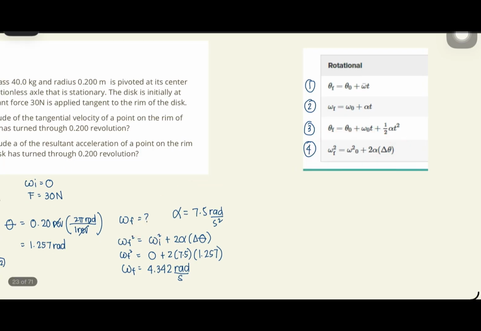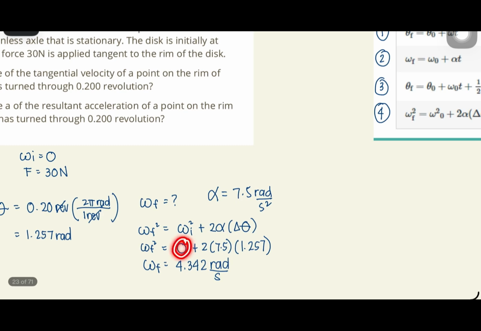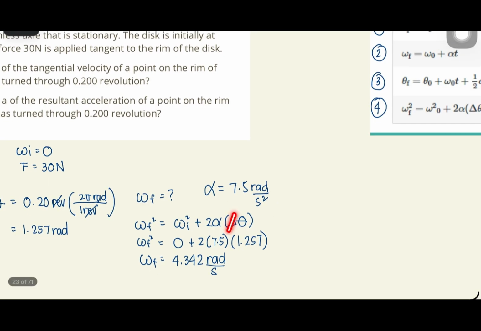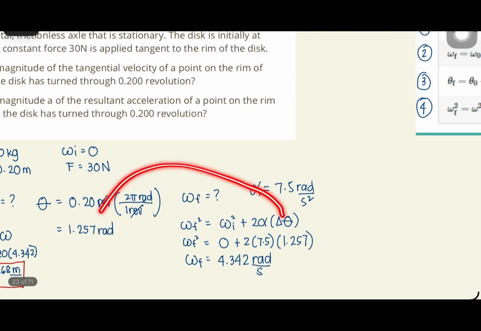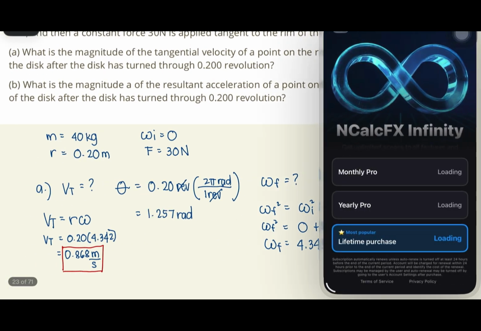So, yung angular speed initial is 0 kasi nag-start siya from rest. Plus 2 times yung alpha 7.5. Then yung delta theta natin, that is the angular displacement, equals to 1.257.